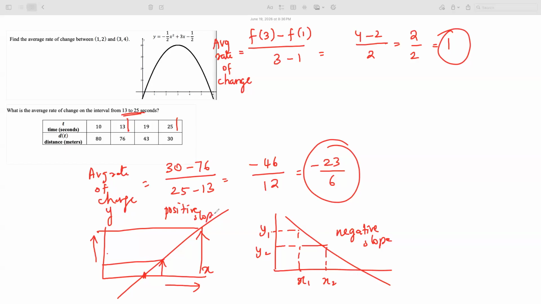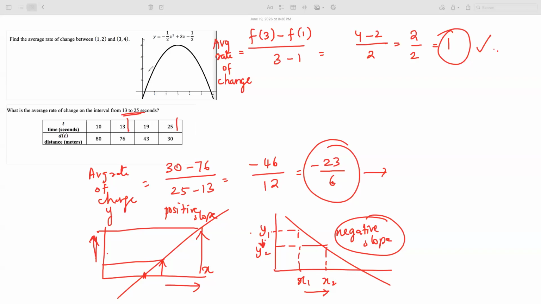Okay, in a positive slope, the x value increases, the y value increases. What happens in case of a negative slope graph? The x value increases. What happens to the y value? From y1 to y2, the y value decreases. So one value increases, one value decreases, right? So that only gives a negative slope. Clearly this is a negative slope, this is a positive slope.